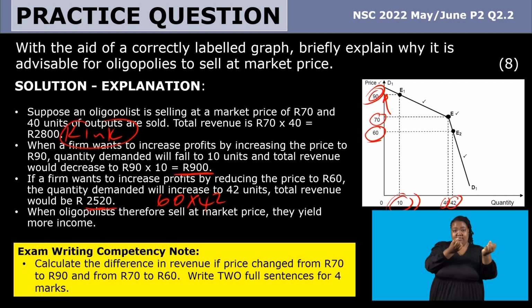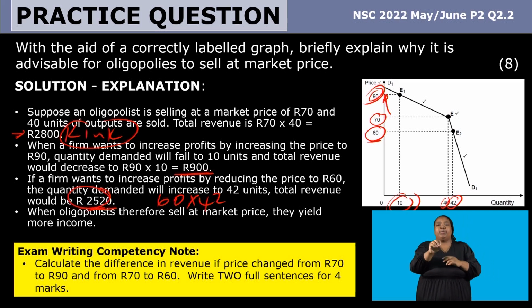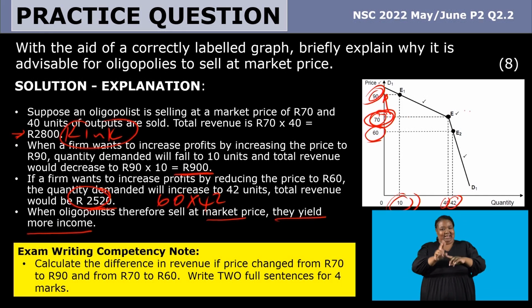If you compare this with the revenue at the kink, you discover that decreasing the price will also cause the revenue to decrease. So what should the oligopolist do? When oligopolists sell at the market price, they yield more income. So they get maximum income only if they sell at 70 Rand, which is the market price at the kink.